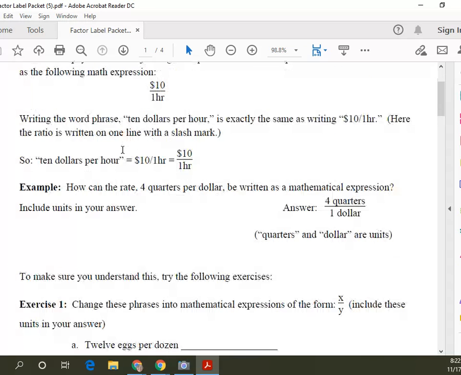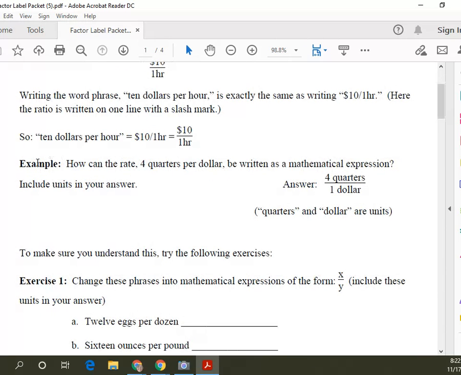Let's look at the example in the practice. It says, how can the rate 4 quarters per dollar be written as a mathematical expression? This is important because this is where you're going to find your conversions. The answer, 4 quarters per dollar, is 4 quarters over $1. So we're making a ratio. It looks like a fraction.